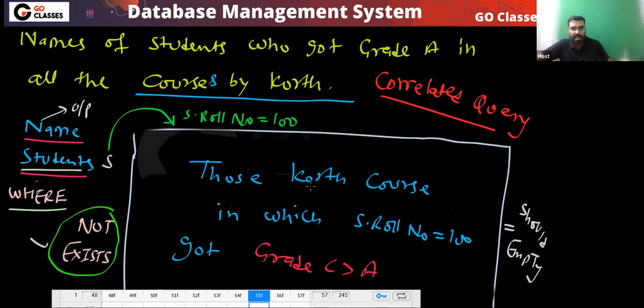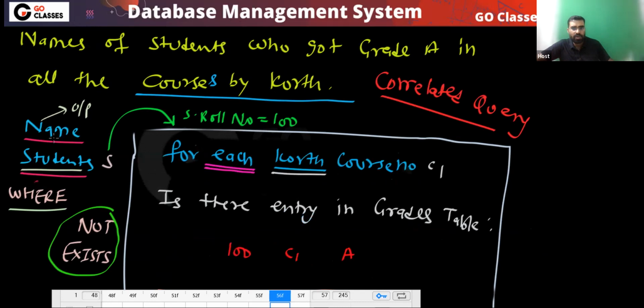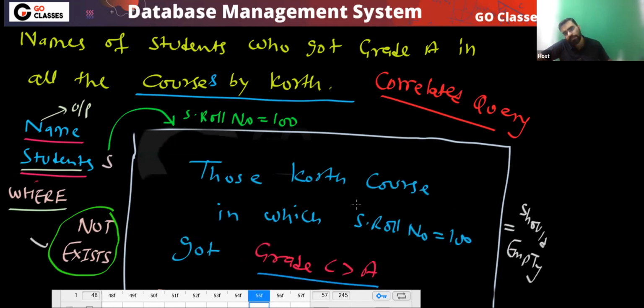So our purpose is those courses where this student got a non-A grade. So what will I do now, for each course?